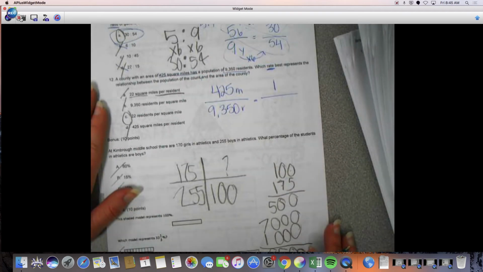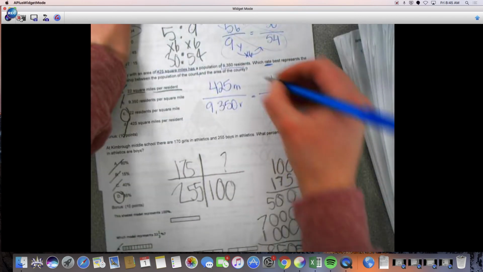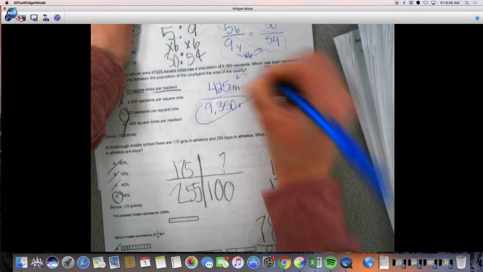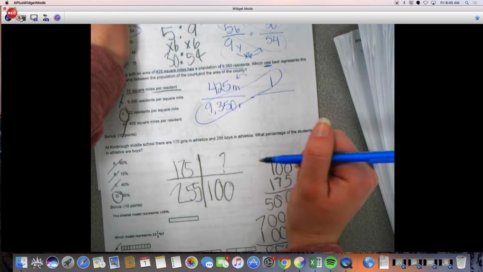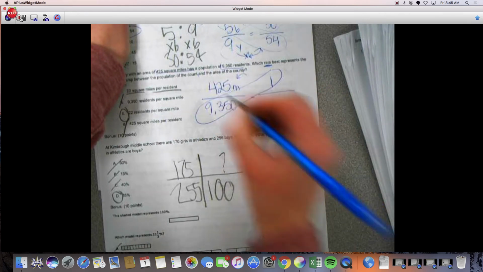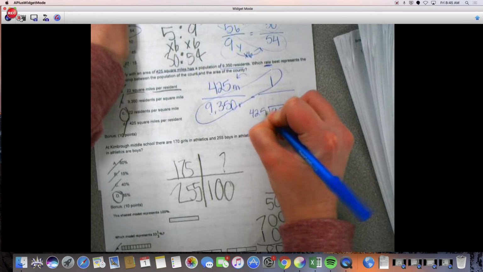So if we look at number 12, we have to cross multiply and then divide to get that. Well, this one's easy. What's 9,350 times 1? 9,350. But now we have to divide it by 425.